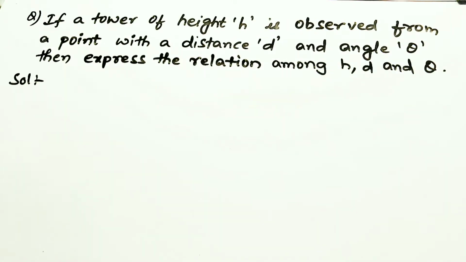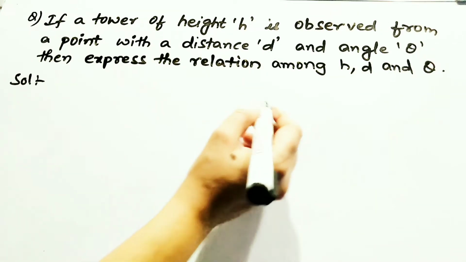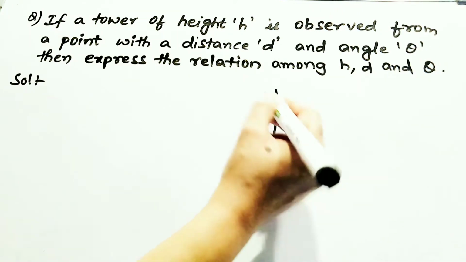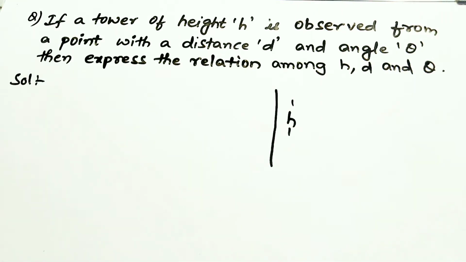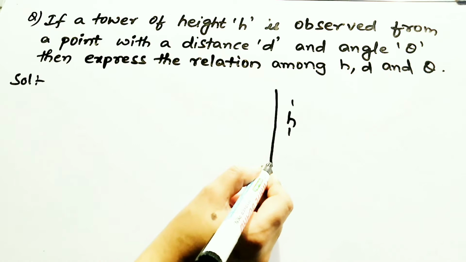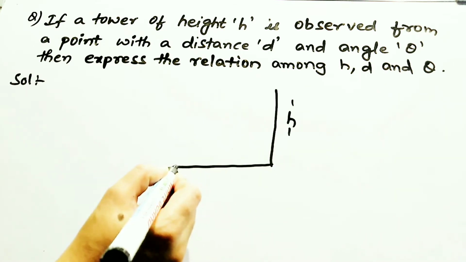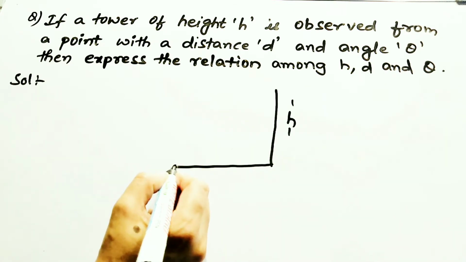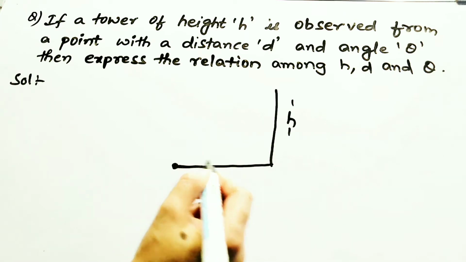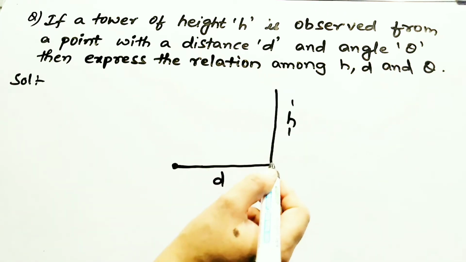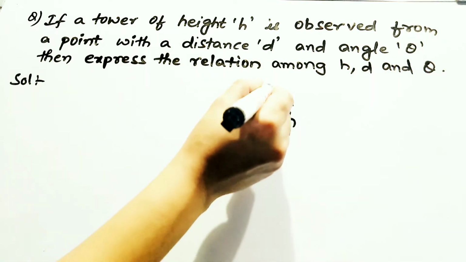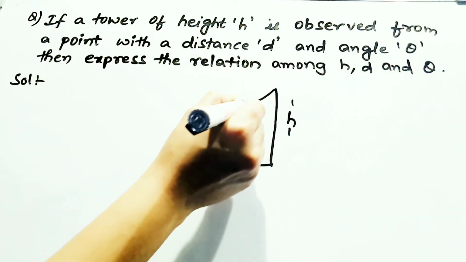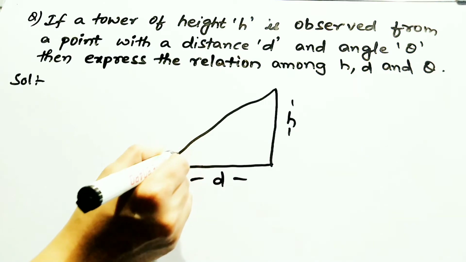Our next problem is, if a tower of height h, suppose this is your tower with a height h, is observed from a point with a distance d, suppose this is your point, and one angle is formed because it is the angle of elevation.